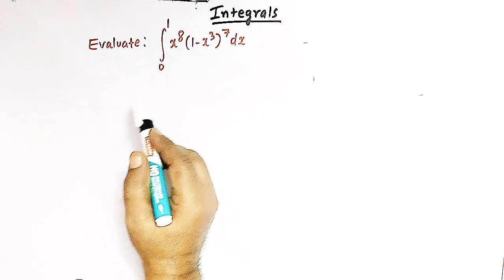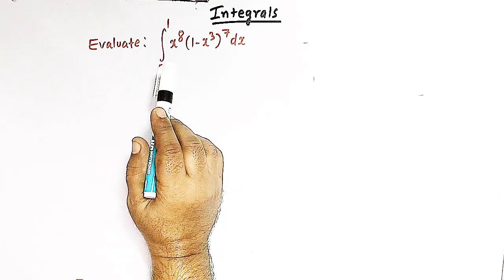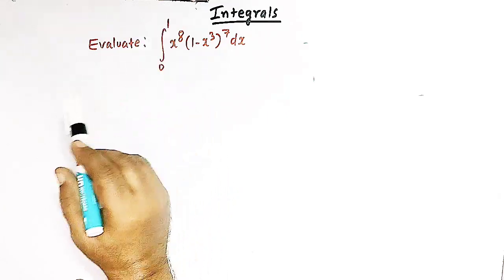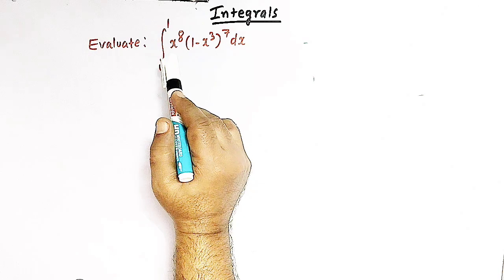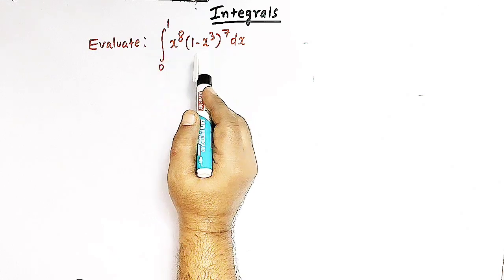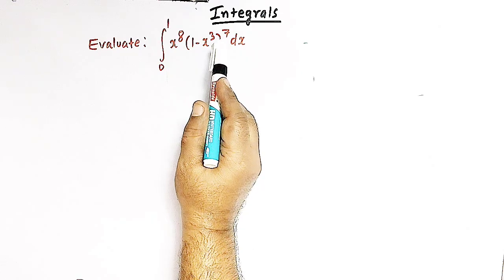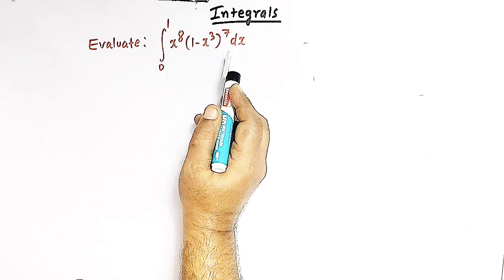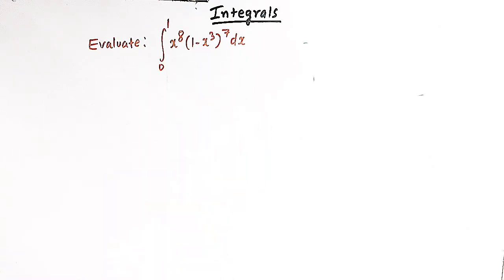So here we have to find out the value of this integral from 0 to 1, and the integrand is x raised to 8 multiplied with (1 minus x cube) raised to 7, and here we have dx, right? So let us see how easily we can solve this integral with the help of some important results from beta and gamma functions.